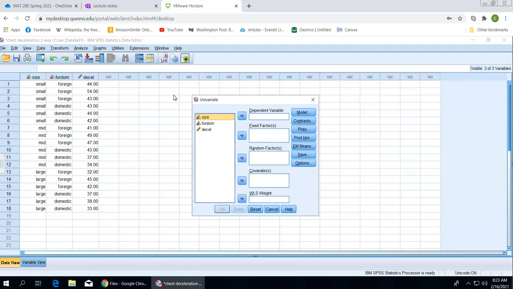It is possible to run an ANOVA with more than one dependent variable. It's called MANOVA, multivariate analysis of variance. Anyway, we want to take our dependent variable, the numeric one, and put it here under dependent variable. And we're always going to put these under fixed factors. There's not really much of a difference. Just always put those under fixed factors.